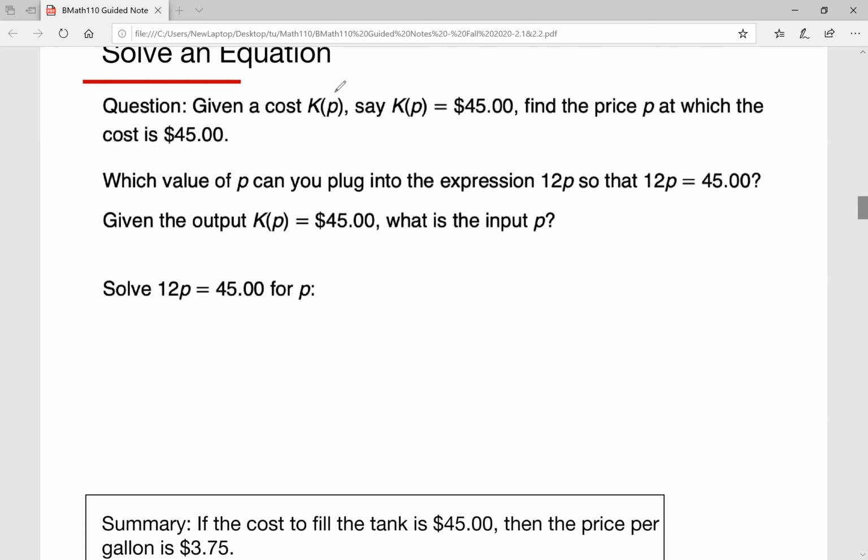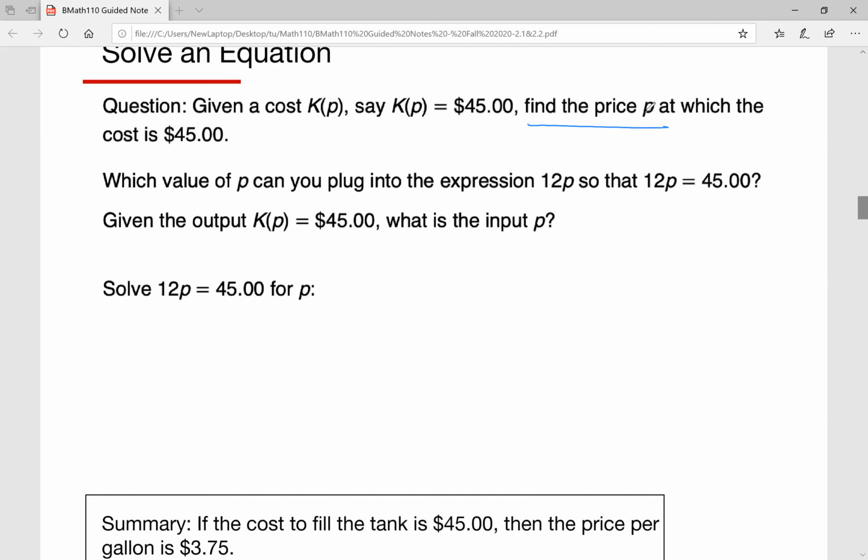We know the cost is $45. So with the value of p, can you plug into the expression 12p? You don't know, right? Because here they don't give you the value of p at all. They are actually asking you what p is.